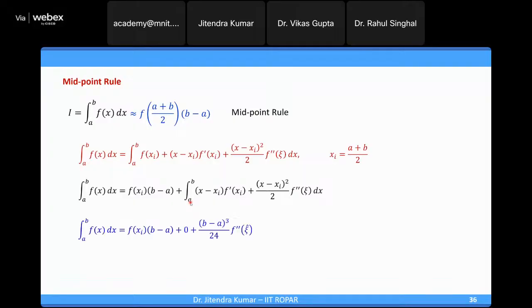And the interesting thing here is that if this error term becomes 0, then you basically get a higher order than expected. So you get here H^3 again in a single application, or in multiple applications you will get again second order accuracy, like the trapezoidal rule.